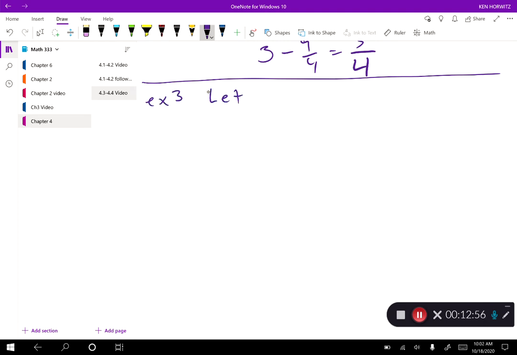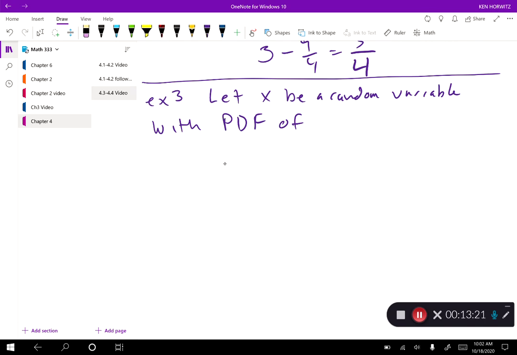Let x be a random variable with a PDF of, here's my PDF, so it's not big F. Remember, big F means something else.